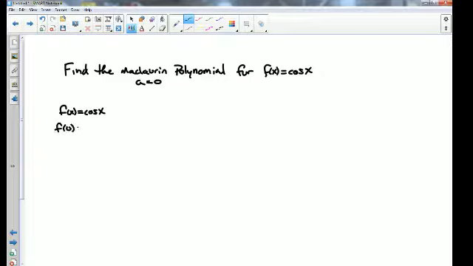f at 0 is 1, right? What's the derivative? Negative sine, at 0 it's 0. So that means this term is not going to exist in our polynomial, because the multiplier is 0.